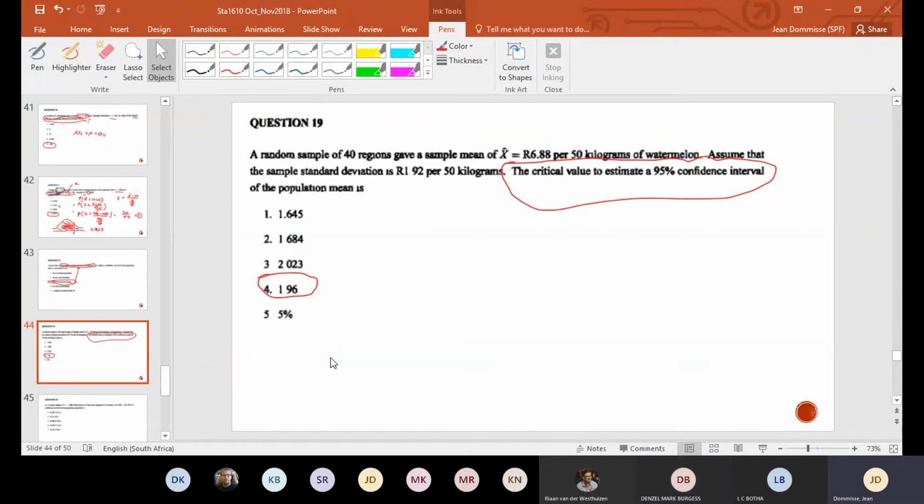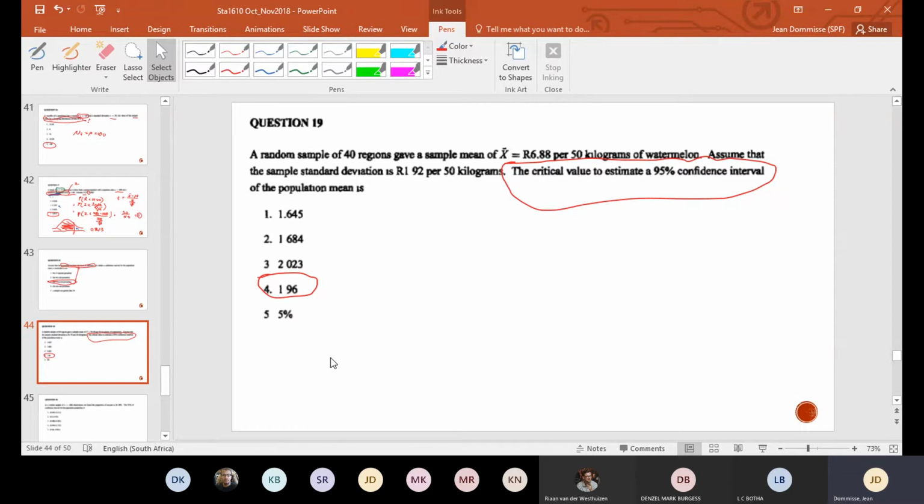So the questions are always very similar, and I think it is important that for a question like question 19, if it's 90%, it is 1.645. If it's 95%, it's 1.96.